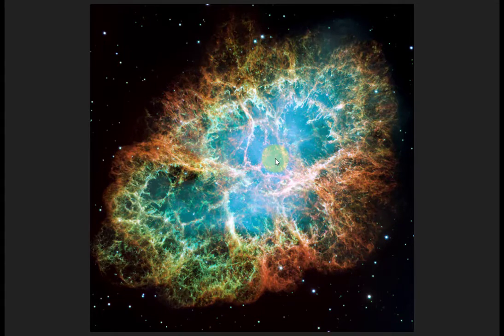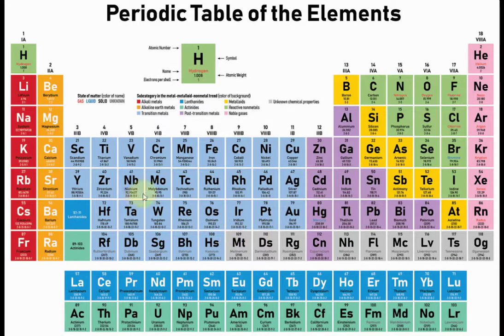And the Crab Nebula has been expanding for a long time now, and in a man's lifetime we can observe changes. During the supernova, we can make all the elements heavier than iron.